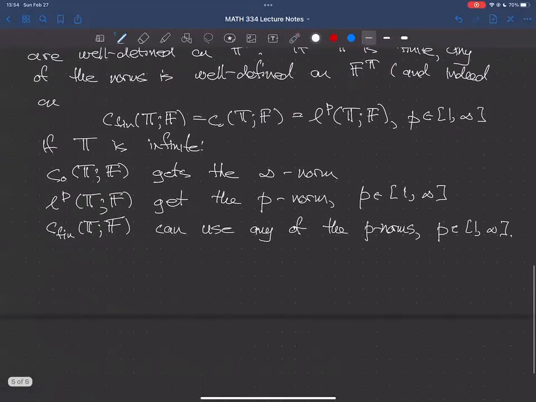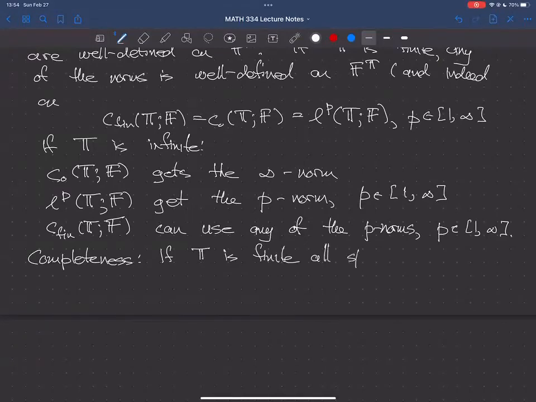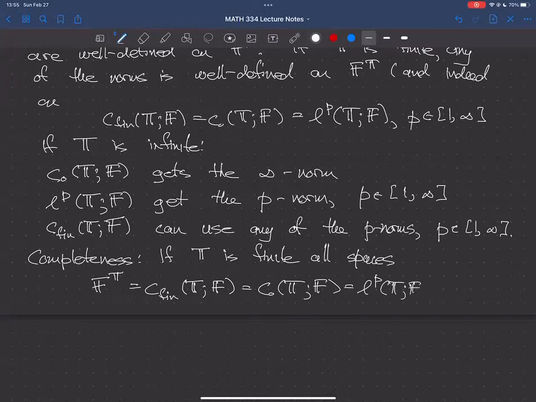Okay, so completeness. If T is finite, all spaces, and again, because they're equal, are complete.